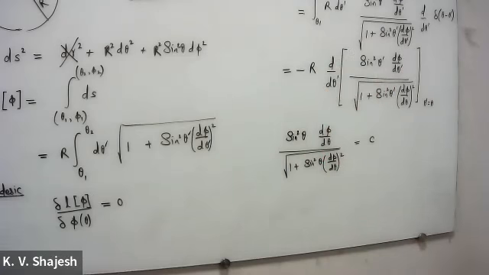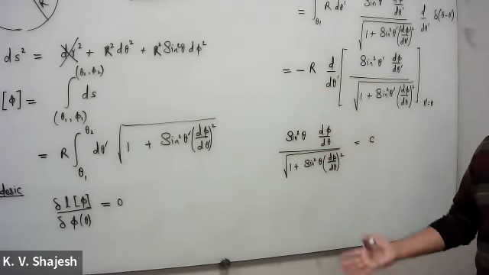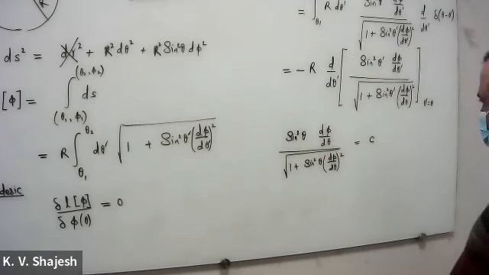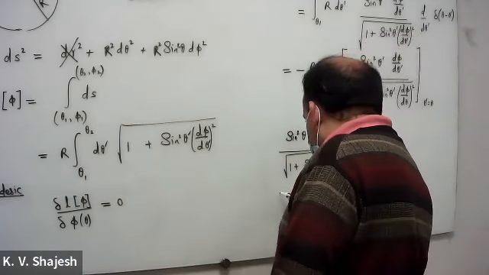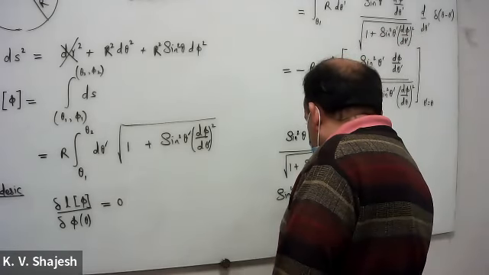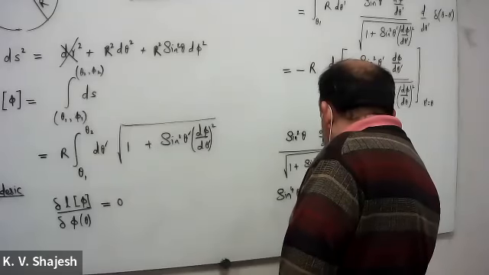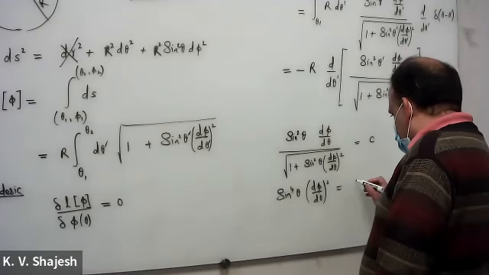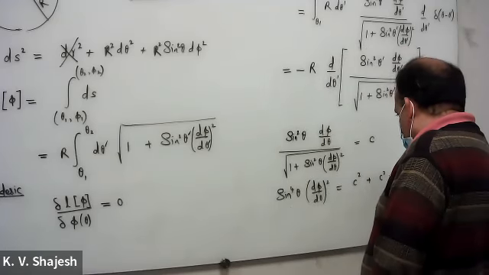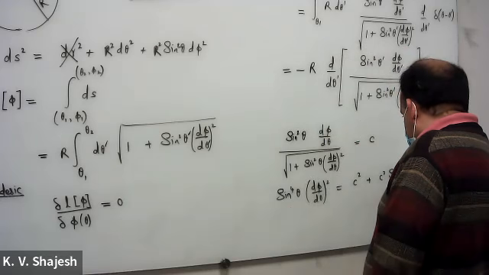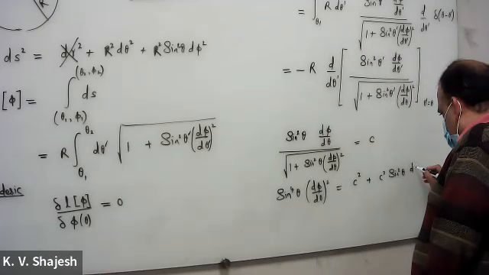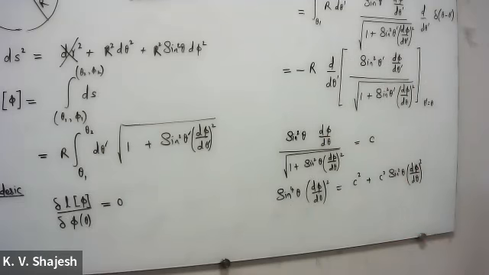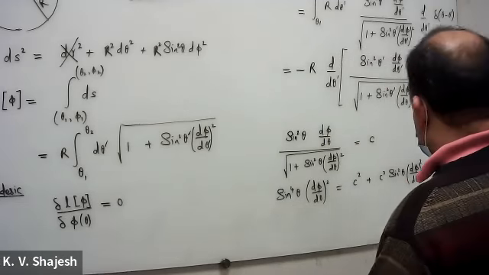Okay, so basically, this is a differential equation usually, and that can be simplified. Let's collect all the d phi by d theta in one place. So square it up. So it's sine 4 theta squared. So this is c square plus c square sine square theta d phi by d theta squared. Bring it to the left so that you have d phi by d theta common.